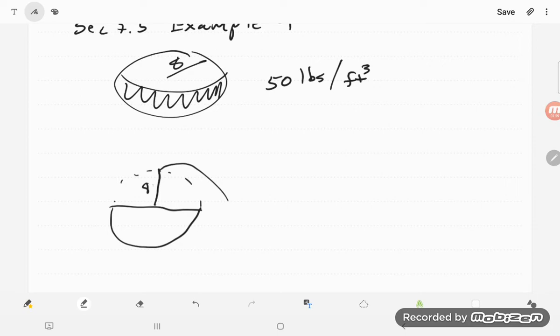And so now to pump this little layer of oil up 8 feet, what I can do is take a little delta H and take that area, so pi r squared, and I know that's 8 feet. So this is a lot like a disk method.